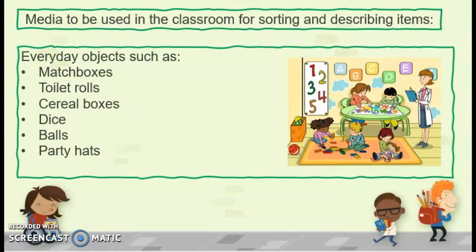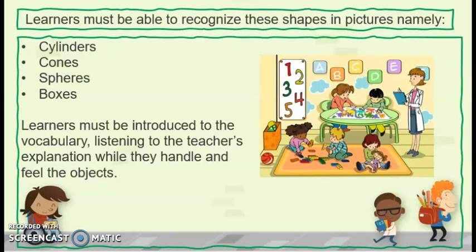Teachers can use the following media in the classroom for sorting and describing activities. Everyday objects such as matchboxes, toilet rolls, cereal boxes, dice, balls, or party hats will work. Learners must also recognize these shapes in pictures, namely cylinders, cones, spheres, or boxes. Learners must be introduced to the vocabulary, listen to the teacher's explanation while they handle and feel the objects.